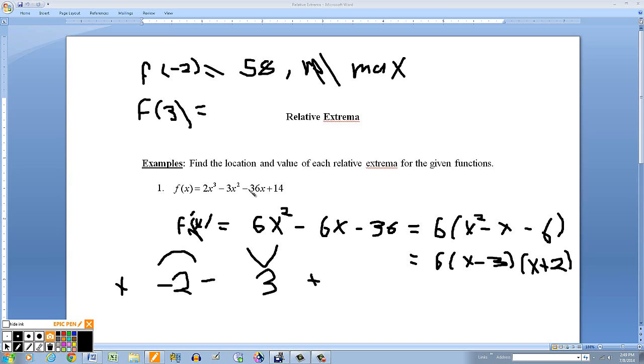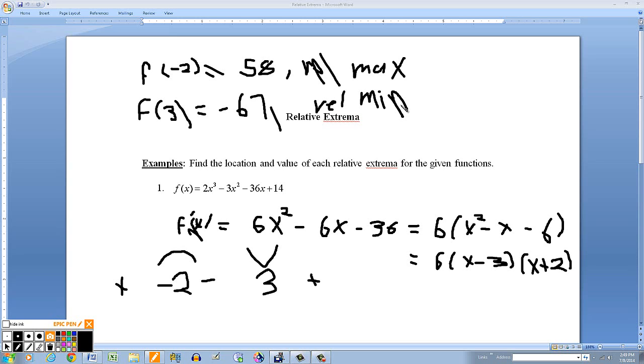So if I plug in 3, I get negative 67. The relative minimum then occurs at x equal 3, and the value is negative 67. So the relative minimum is negative 67.